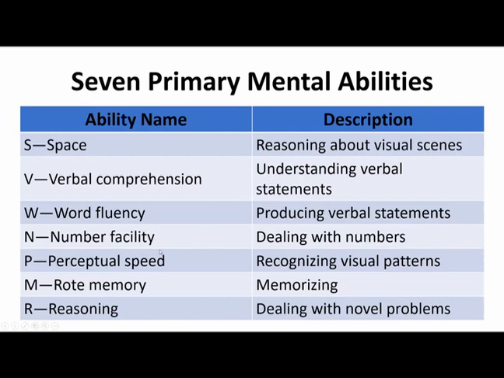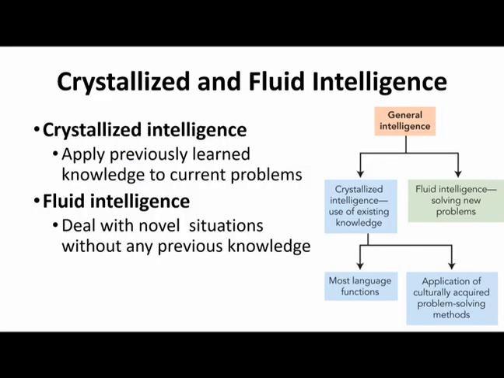Your performance in an English course would be related to your word fluency or your verbal comprehension. And so they could start using your scores for these 7 different types of mental abilities and use that to determine how to best teach a particular child. So this has practical applications, which made it a very appealing theory to look at.